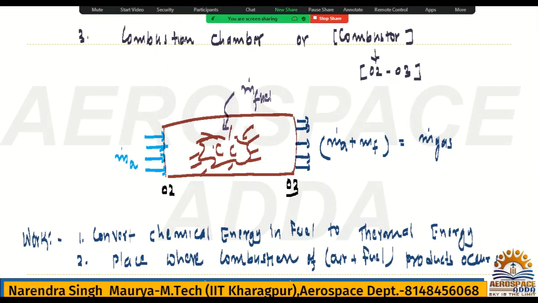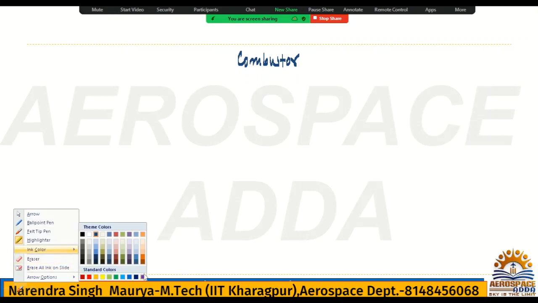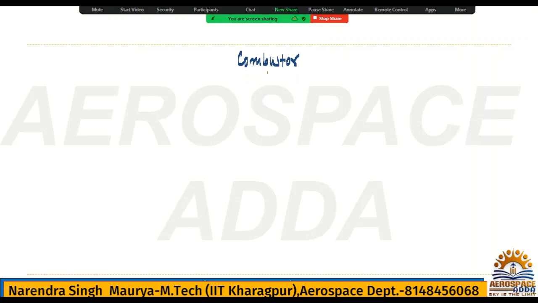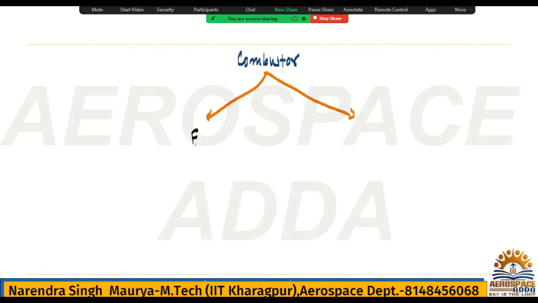All right. So what is the important point here? Two important points you will have for the combustion chamber or combustor. What are they? From the combustion chamber you will get the fuel to air ratio.